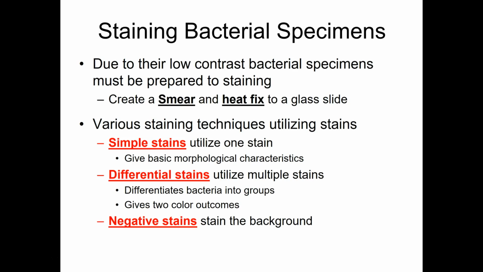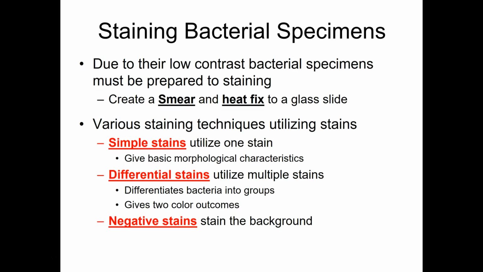But once you have your cells heat fixed to the glass, there's all sorts of staining techniques you can utilize. In lab, we're going to learn how to do simple stains. We're going to apply one dark colored stain to our bacteria. Simple stains don't tell us too much about our bacteria.